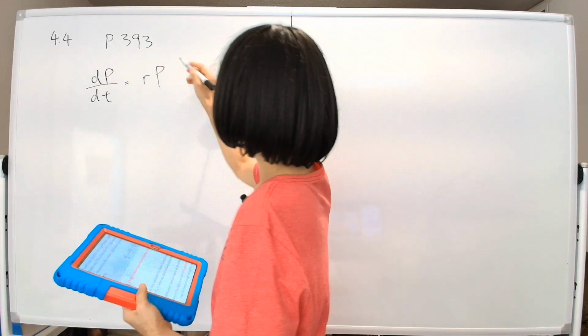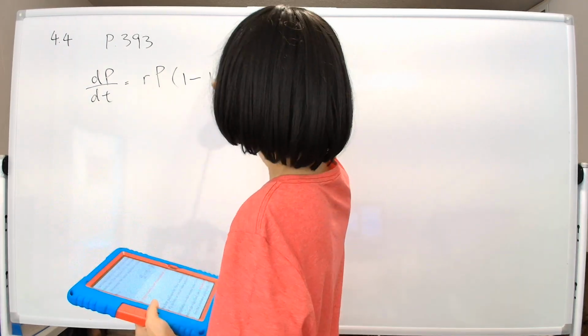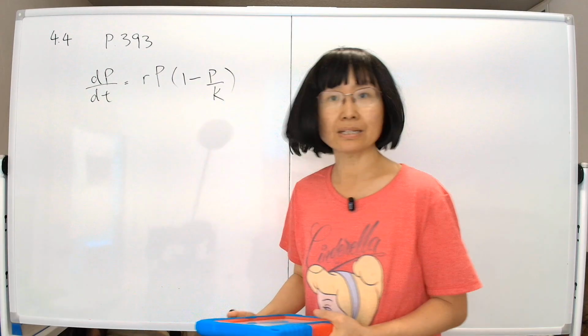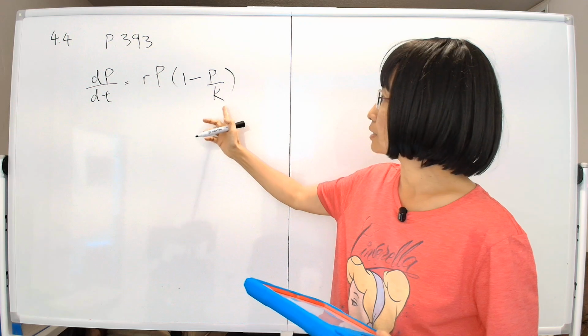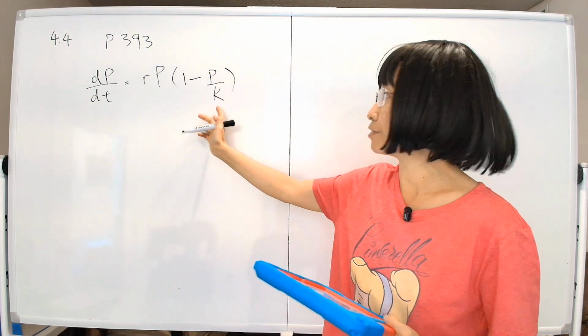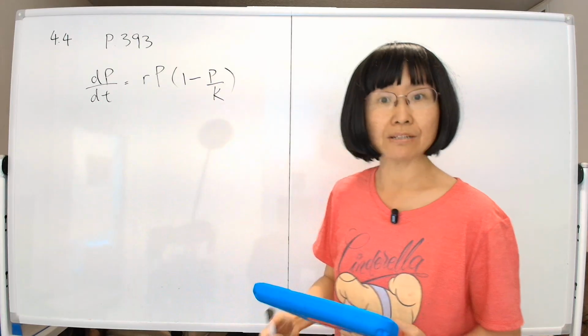But we're going to write down a restricting condition in there, which is the population divided by the carrying capacity. K stands for the carrying capacity, P stands for the population, and r is just the rate of growth.